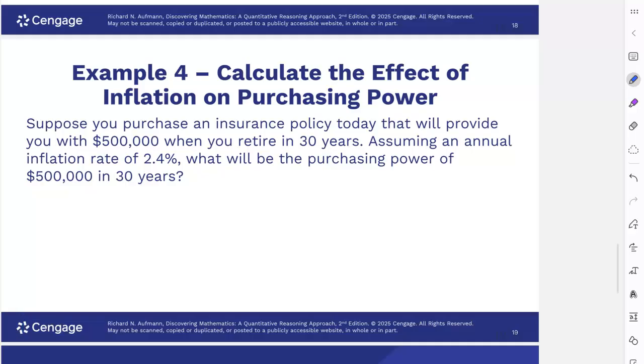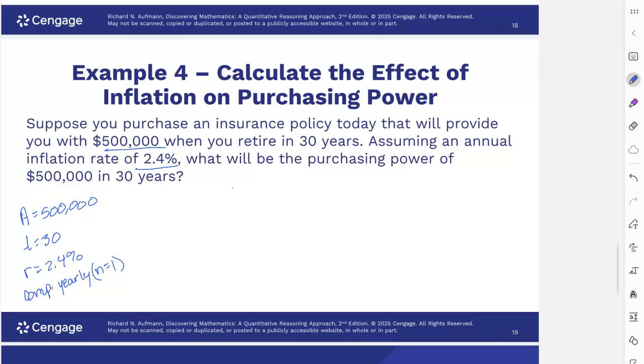So let's look at what we have. This is our future amount, 500,000 when you retire in 30 years. So T is 30. There's our annual interest rate, 2.4%. And we're going to assume it's compounded yearly, or annually. So that's one time a year.